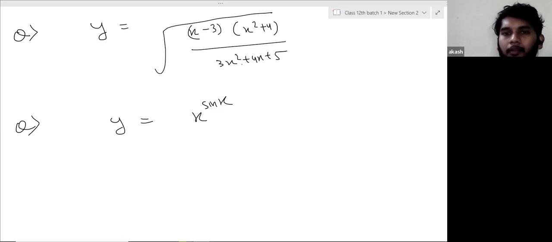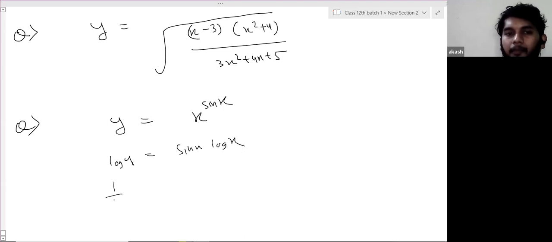All right. So what we can do, take log both sides. Now we can just differentiate: 1 upon y dy by dx equals to sin x upon x plus cos x log x.